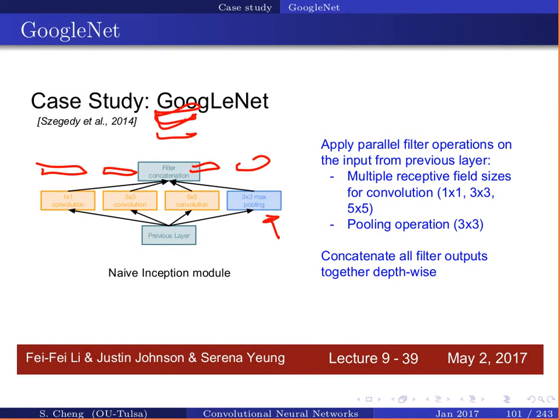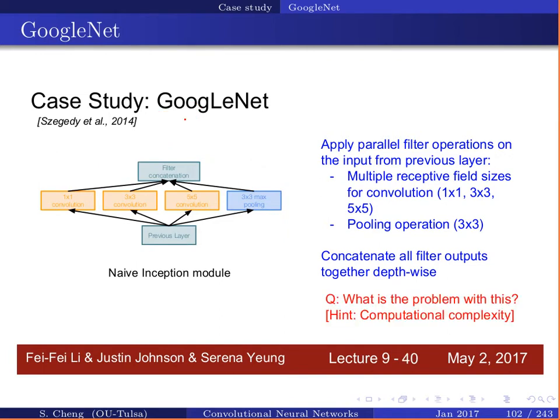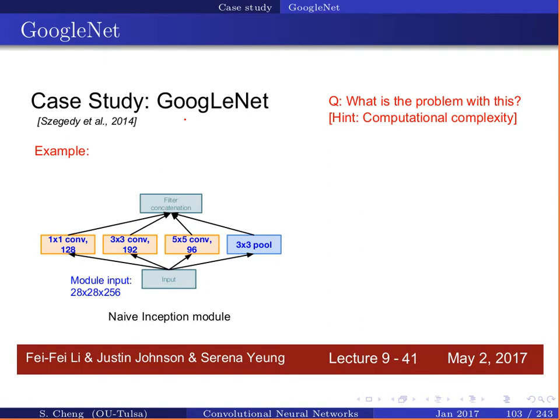The problem here is that we have lots of parameters, and the capacity is pretty high. Maybe you can count a little bit. Let's say the 1x1 has a depth of 128. I guess it's a review of last time.